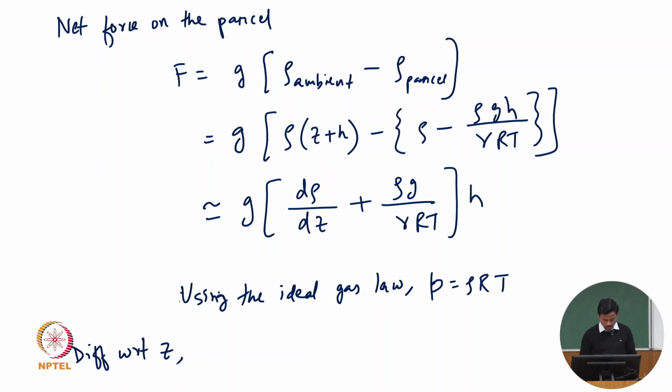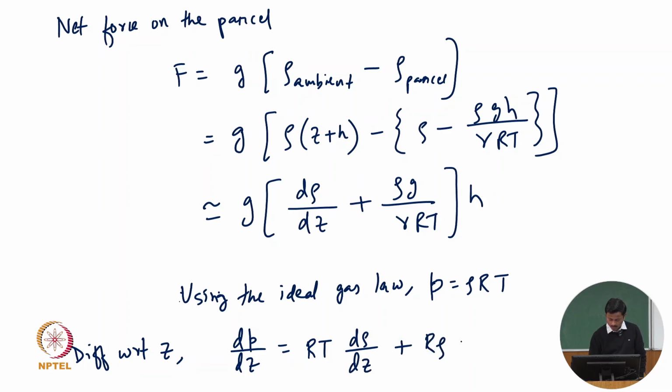If you do the differentiation with respect to z, we have dp by dz equal to RT d rho by dz plus R rho dT by dz.